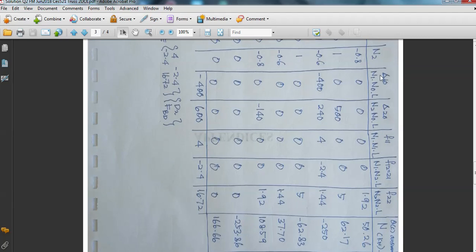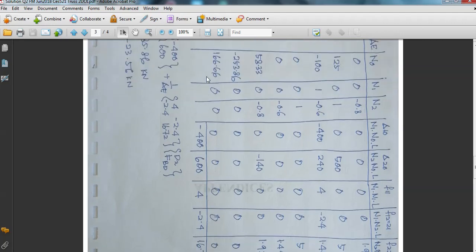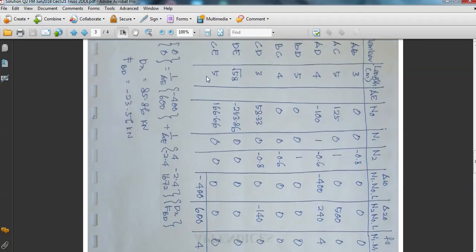Okay, after you have determined all the displacements here, you substitute these values into your compatibility equation. This is your compatibility equation. You substitute here delta 10, delta 20, F11, F12, F21, F22.